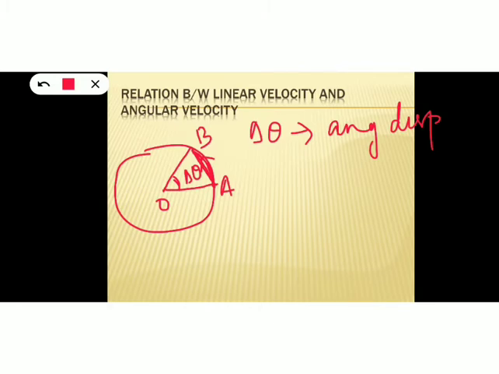If we join a line from A to B, because A is the initial position and B is the final position, the linear displacement vector will always head from initial to final position. So this vector forms our linear displacement delta S. Delta theta is the angular displacement and delta S is the linear displacement, and both OA and OB form the radius vector of this circle.